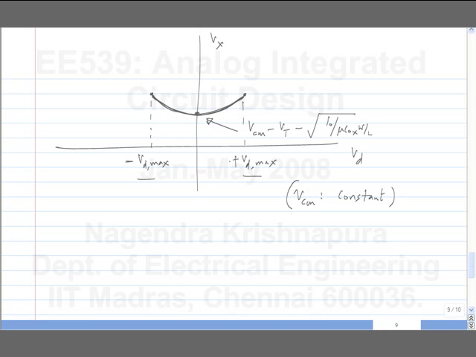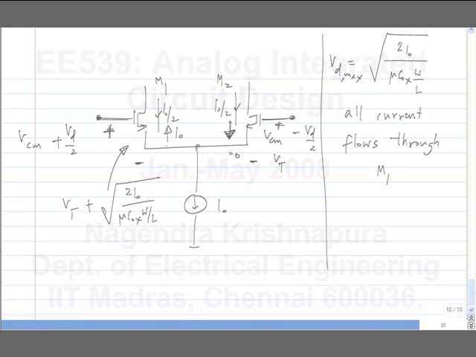Because when all of the current is flowing through the left side, I have this circuit. I go on increasing Vd, this will go on increasing. And what is the slope of this voltage versus Vd? Half, because what is applied is Vd by 2, okay? This follows Vd by 2, so it will be half.